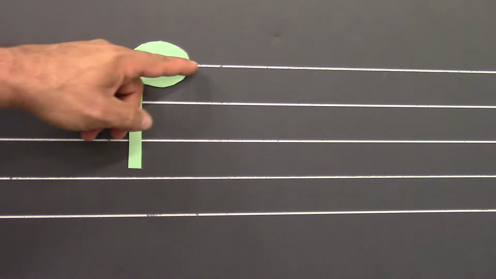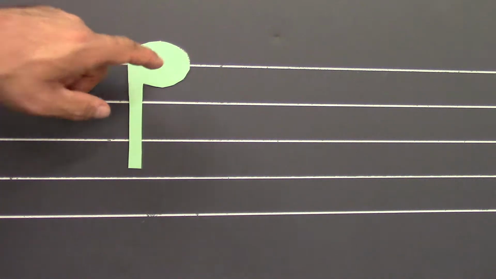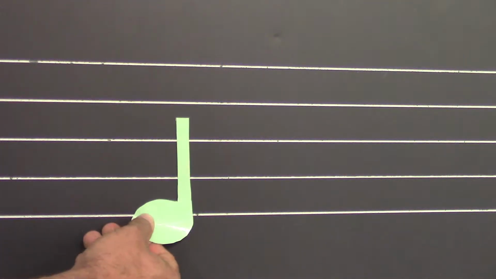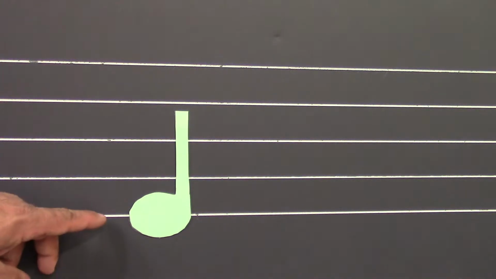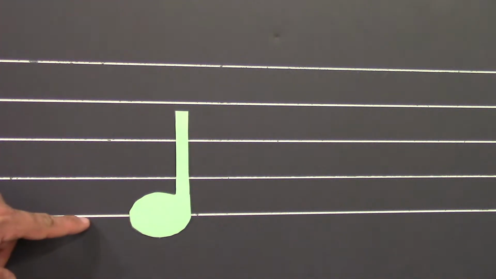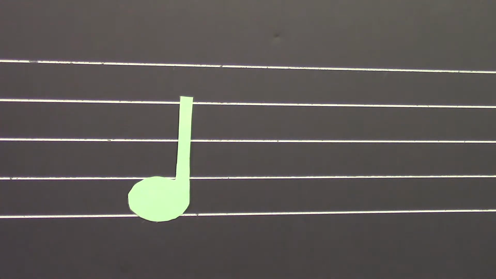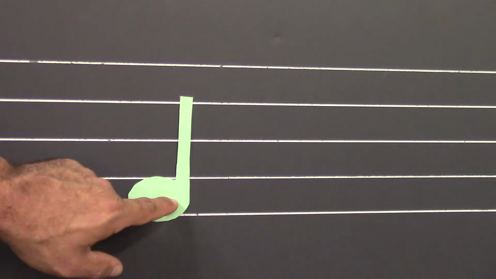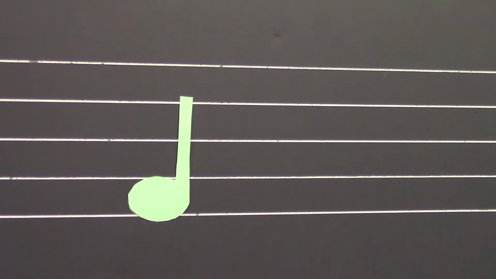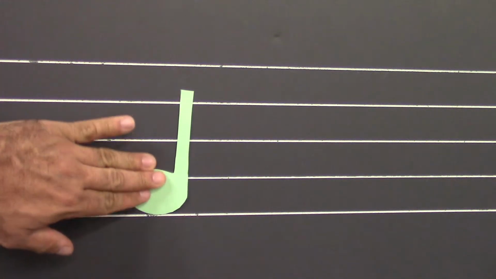Is that on a line or a space? Since the line goes through the head of the note, this note's on the line. What about this one? Since the line goes through the head of the note, this is on a line. What about this? This note is on a space because it's between the 2 lines.